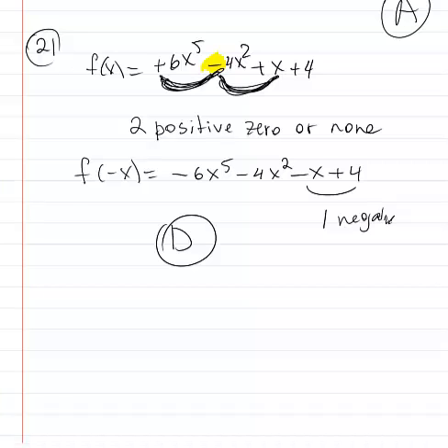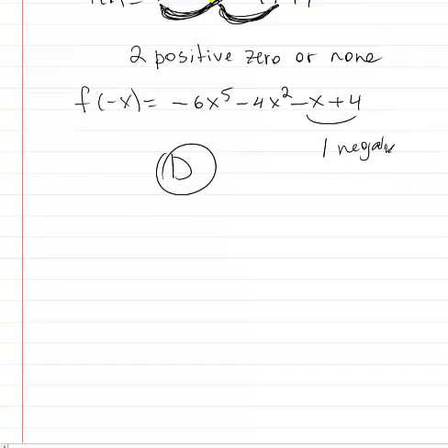Number 22. Let me just scroll this down. You have h of x equals x plus 7 divided by x squared plus 36x. This question is asking you to find just the domain, not the asymptotes.